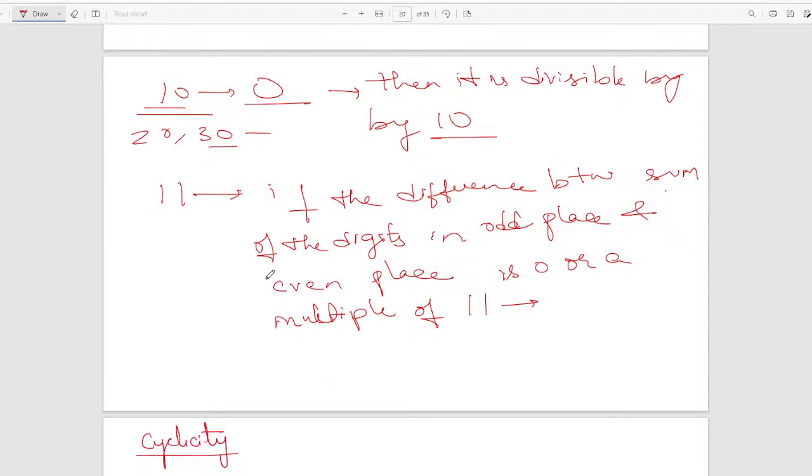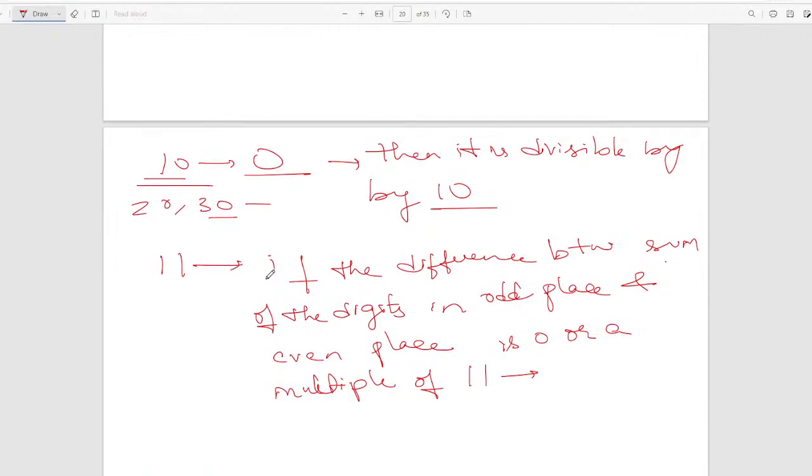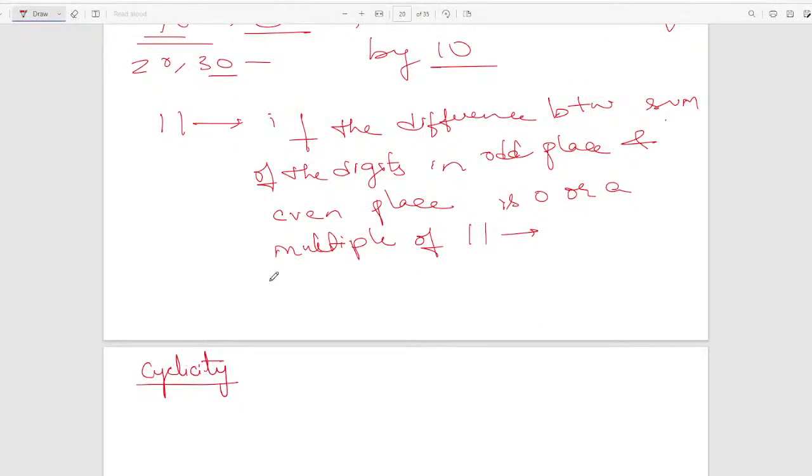Any number. Let's take this as 7, 8, 6, 5, 3. So what you have to do is check whether this number is divisible by 11 or not.